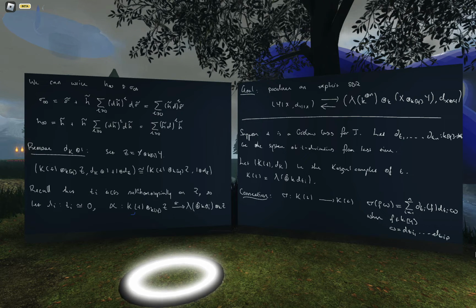The idea is that this module is just the exterior algebra, and we're just pulling out that ring ky. Here I'm setting theta I to be equal to dt I. So it suffices to work with the right-hand side here.